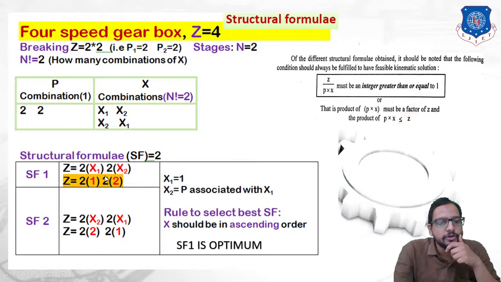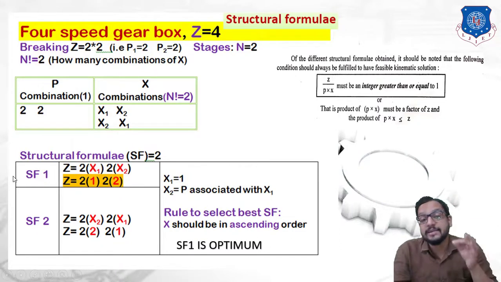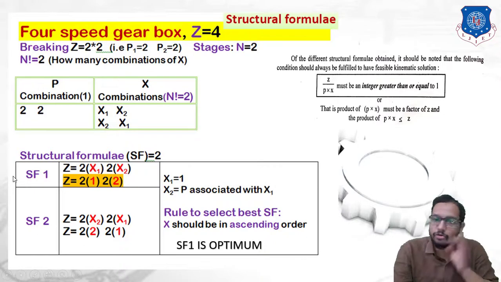Similarly 2 into x2, so 2 into 2 is 4, and 4 upon 4 is 1. So it is equal to 1, which means this structural formula is feasible. Similarly, in the second structural formula case, this is followed, and the value would be greater than or equal to 1. But what is the rule? x should be in ascending order. Because of that, we have selected SF1 as the optimum solution.